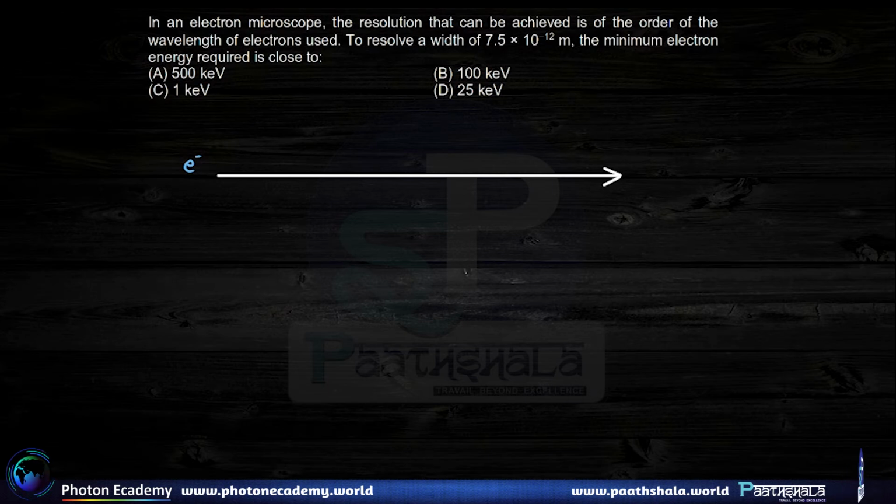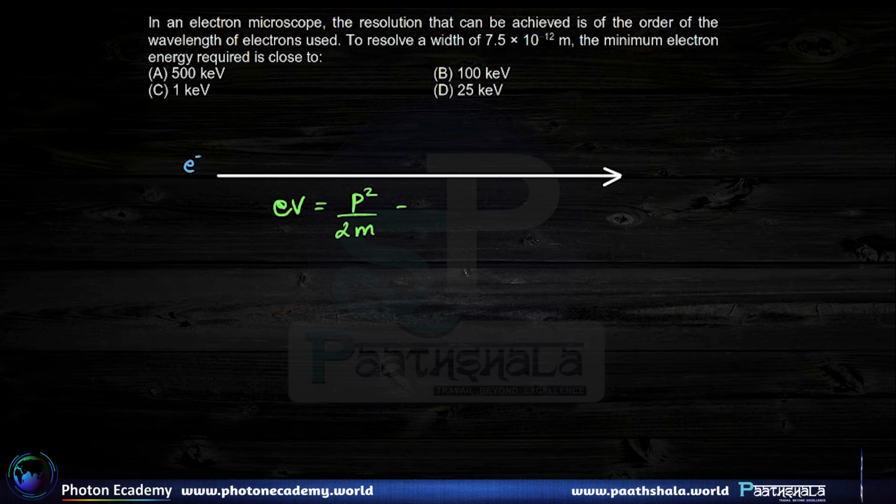Then the relation between the electron's wavelength and the accelerating voltage will be given as E times V, this is the energy, equal to P square upon 2m.